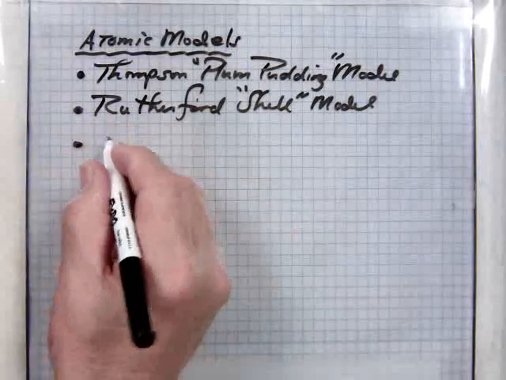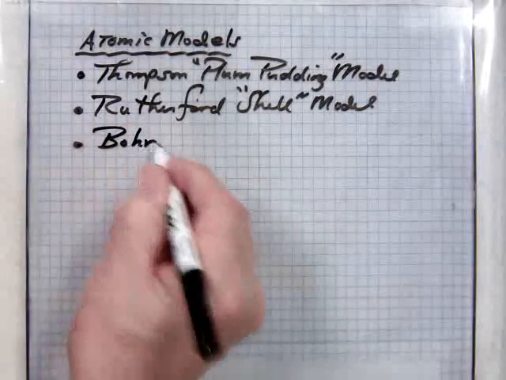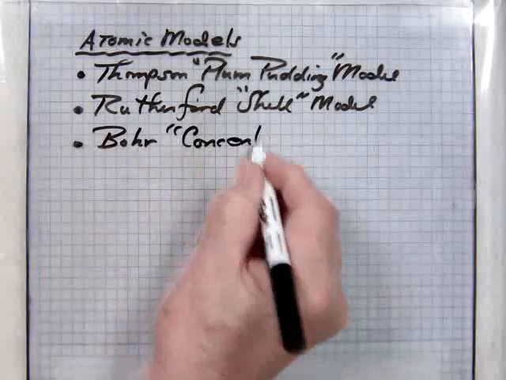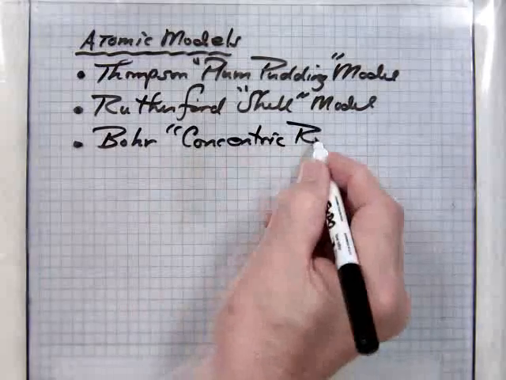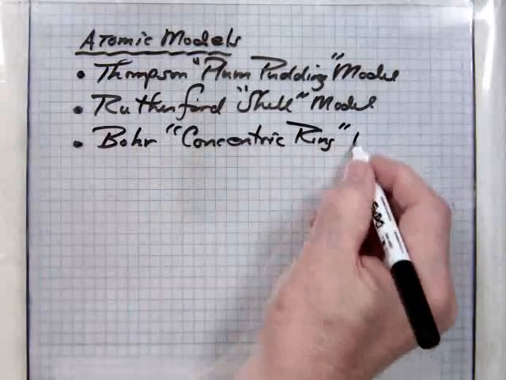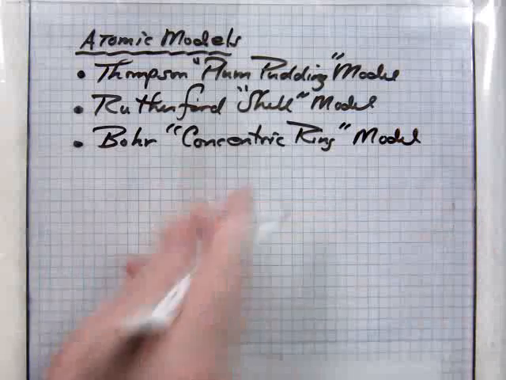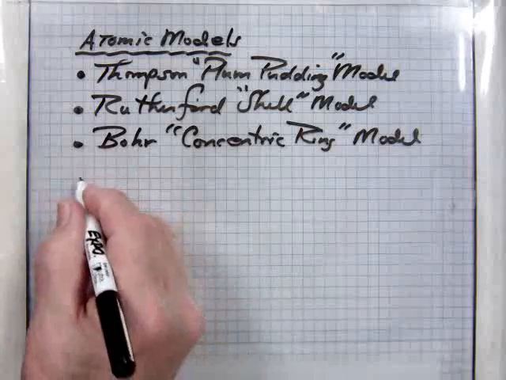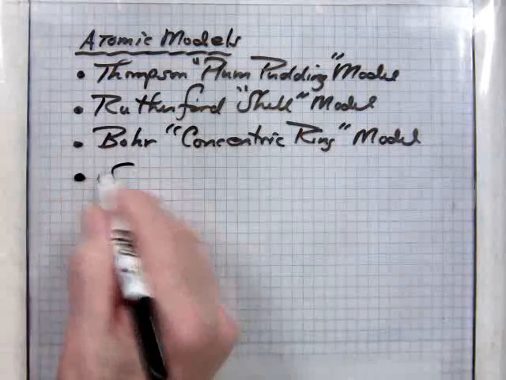concentric ring model. And from some of the conclusions that Niels Bohr presented in his concentric ring model, we evolve into the modern quantum model, or the Schrodinger quantum model.